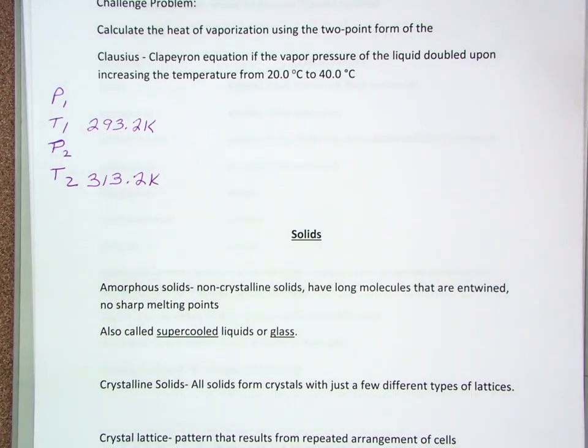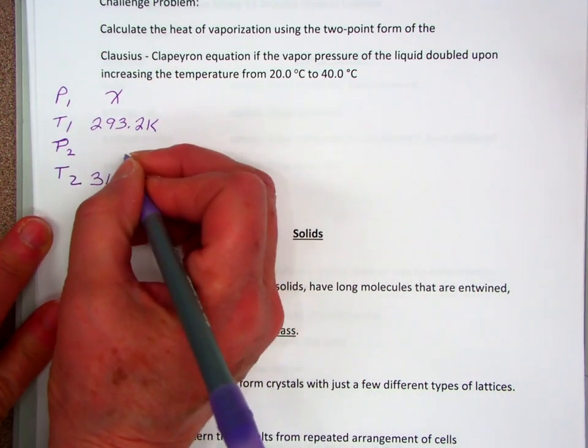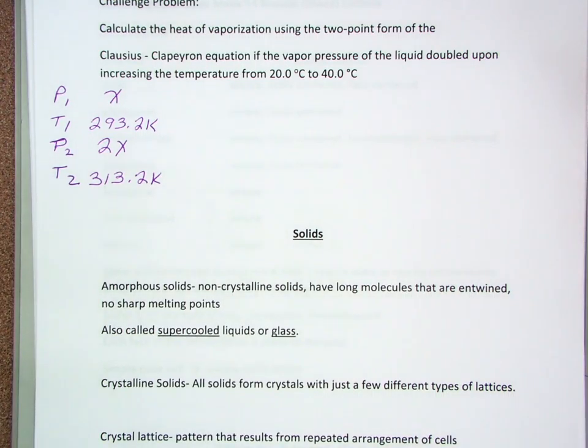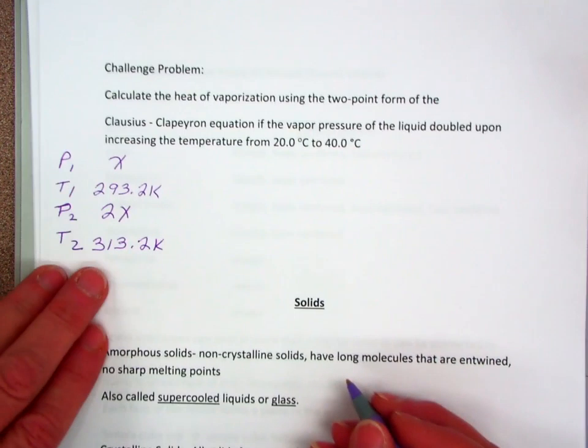What else do I know? It doubled. So what's P1? X, right? And what's P2? 2x. So if we think of it that way, fortunately, since we divide these, the x's will cancel and we can go ahead and solve, even though it appears we have too many variables.